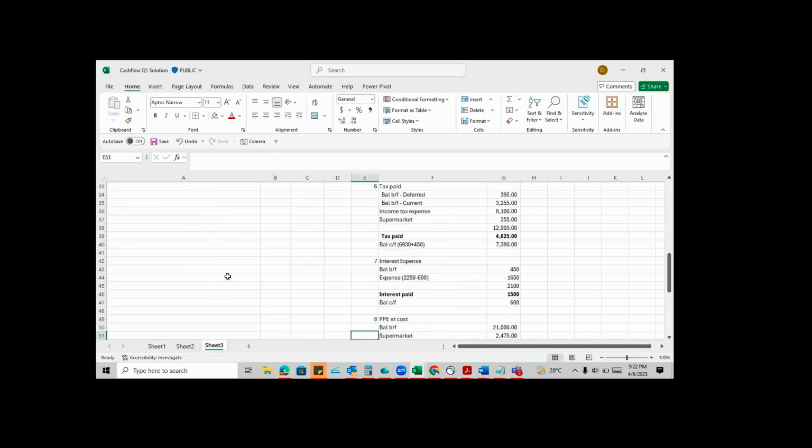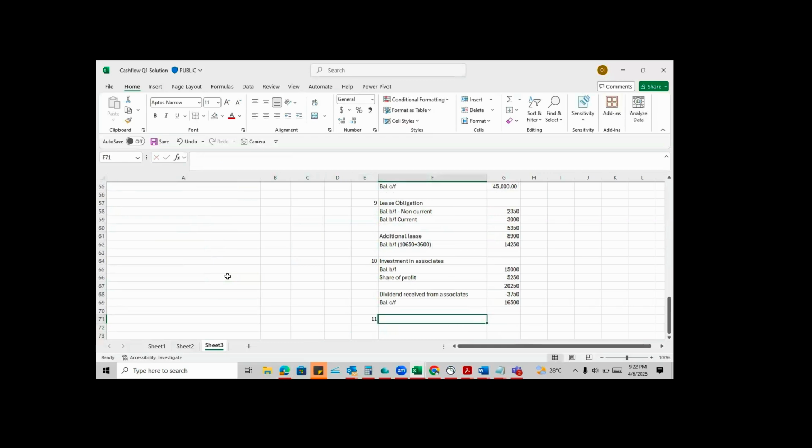So I can come here and say note 11, net cash on acquisition, and say, all right, cash and cash equivalents acquired was 1,680.